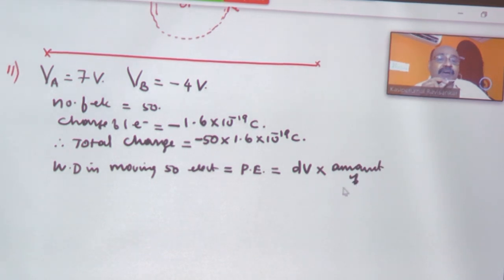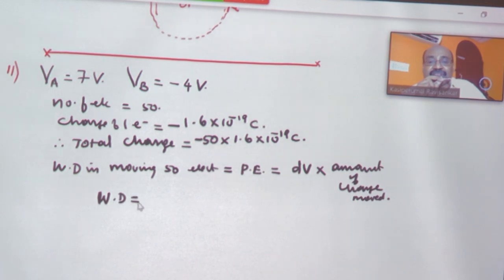What is the potential difference? dV is final potential minus initial potential. Final potential is VB, initial potential is VA.